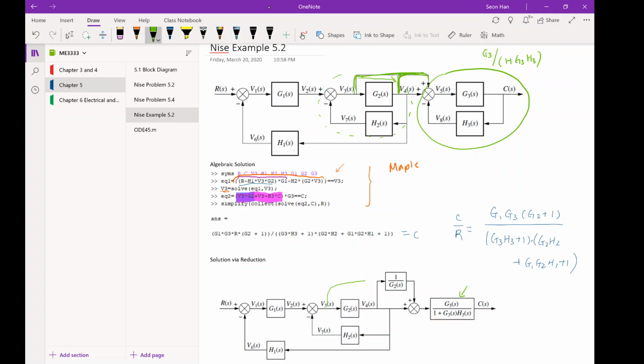It's simply because your V4 is equal to V3 times G2. Before, you used to take just V3, which is V4 divided by G2. Now since you're taking the signal V4, you have to divide by G2 to make it equal to the previous V3.